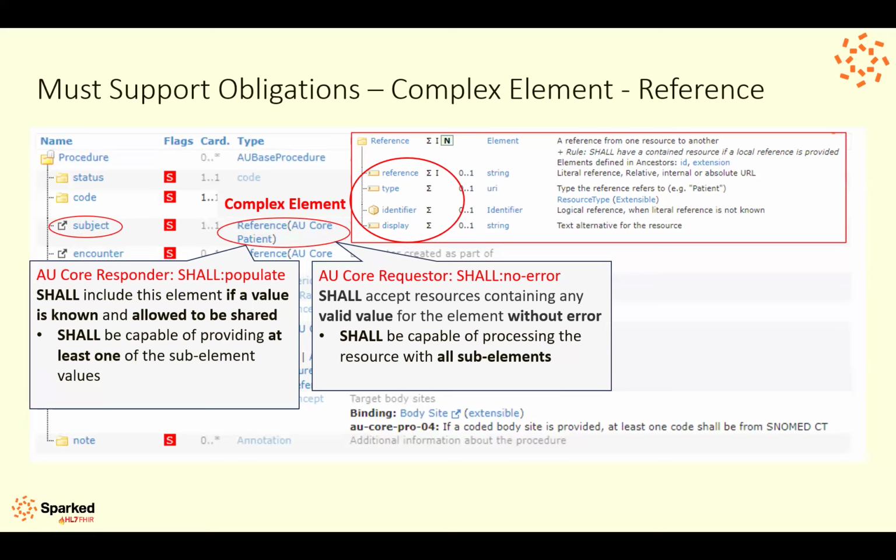If your business is to process a resource and you need a particular sub-element in order to work, and in your profile you have constrained that, and that's what you publish and state, yes, it shall be no error, but you can still process and filter out the things that you can't use. You've not thrown an error.